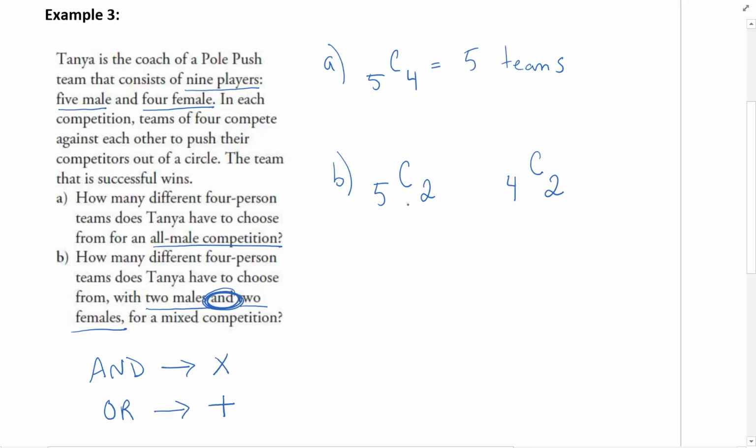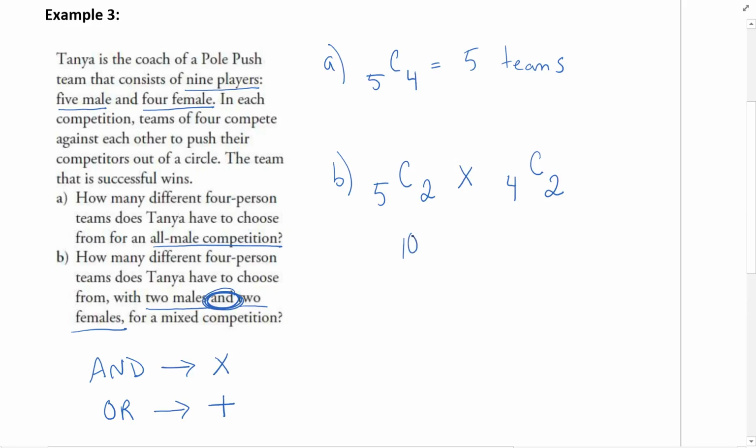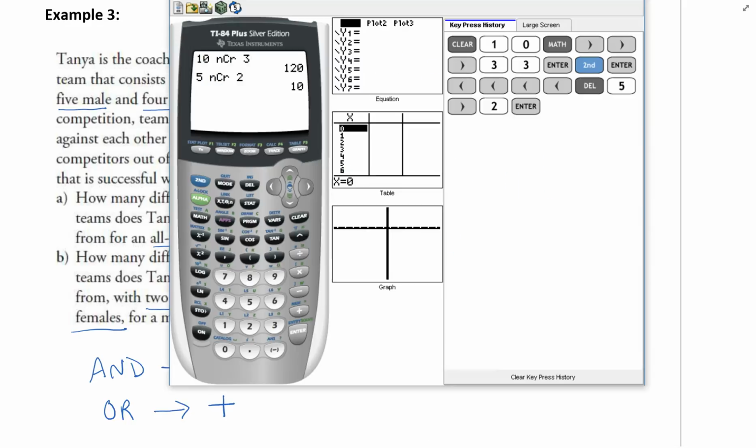So because it's 2 males and 2 females, we would get the results from each of these and multiply them together. 5 choose 2, if we put that in our calculator, remember, quick shortcut once you've done one of them is to hit second enter. You could just change that to 5 and 2. That gives me 10. And then do it again for 4, so we can go second enter.